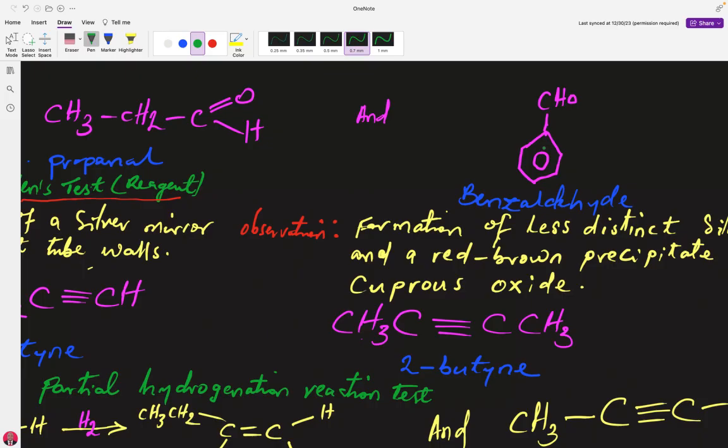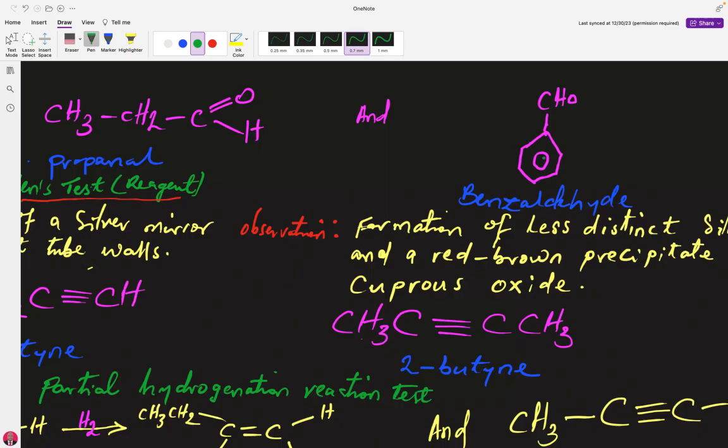The ring stabilizes the molecule, and compounds react to achieve stability. If a compound does not react very fast, it means that it's stable. So in this case, there is stability here, and for that reason, this compound is less reactive. There's a reduction in the reactivity of this compound.